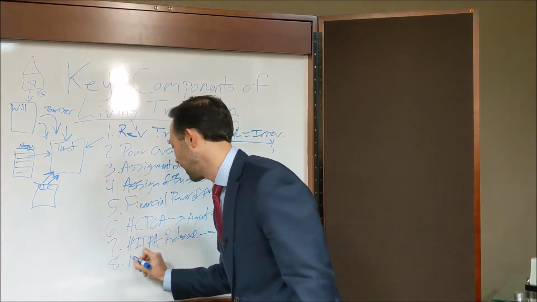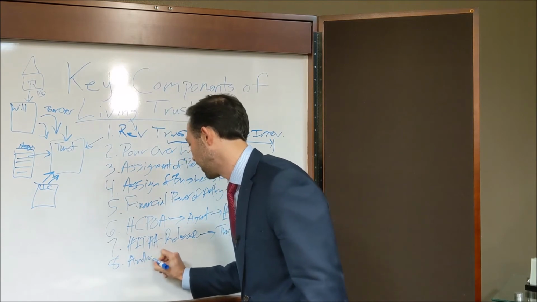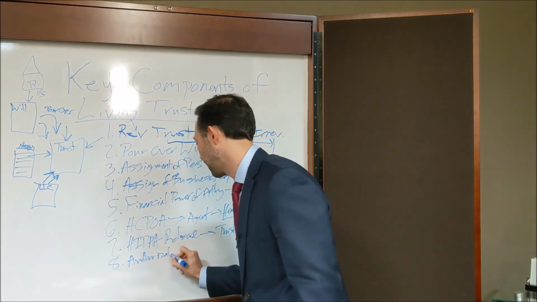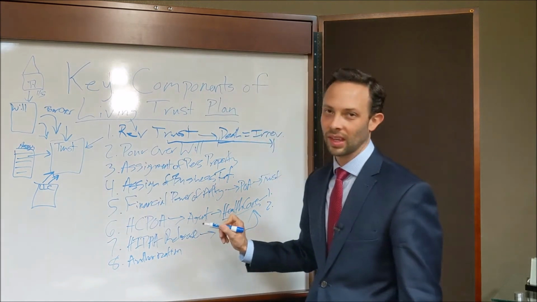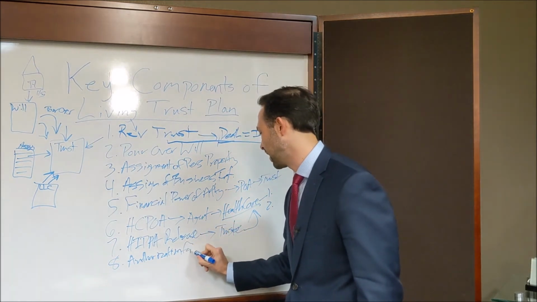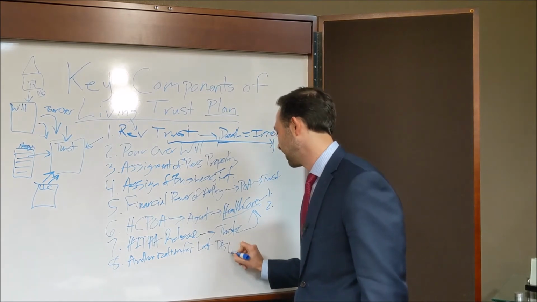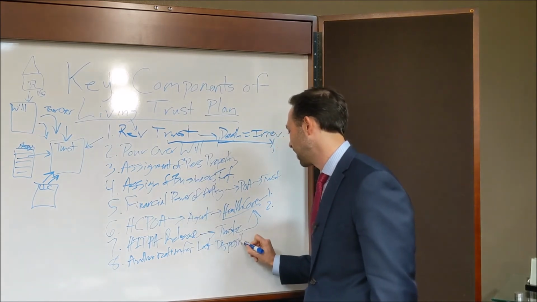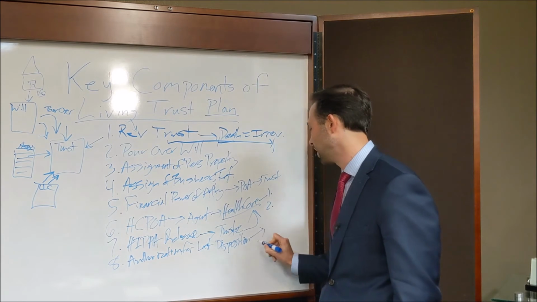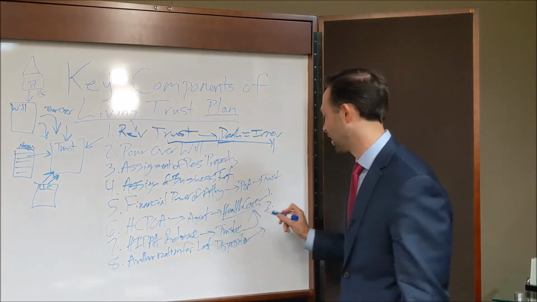Next, in Wisconsin, I like to do what's called an authorization for last disposition. And I know that's a mouthful, but basically this is the document that determines what happens to your earthly remains, your body, after you're gone.